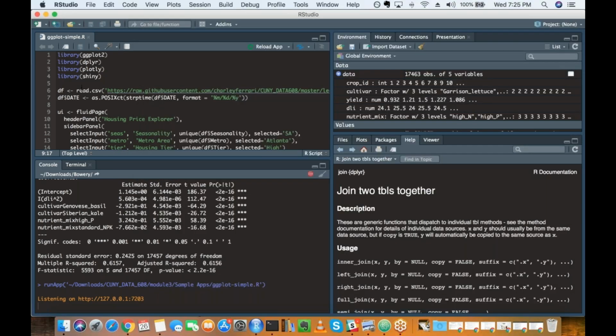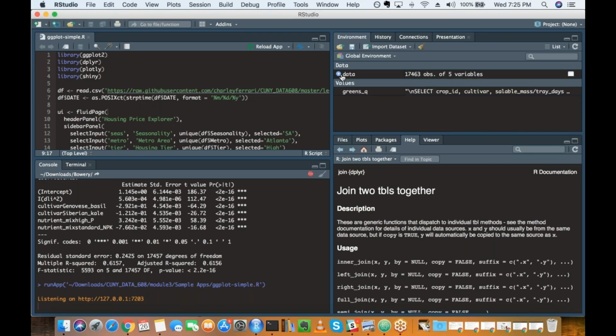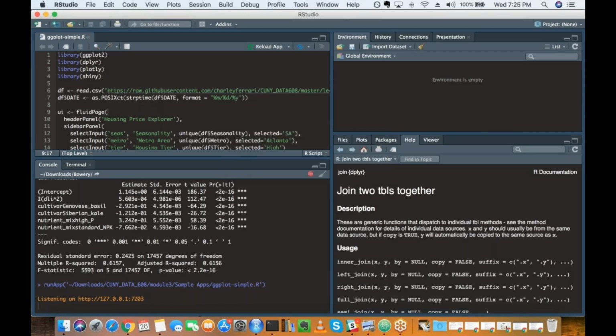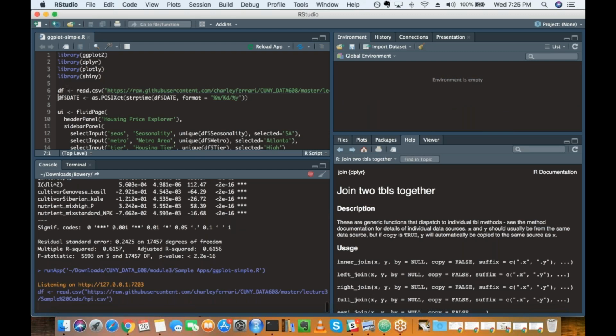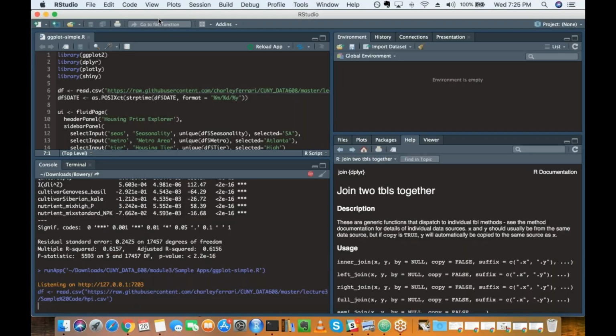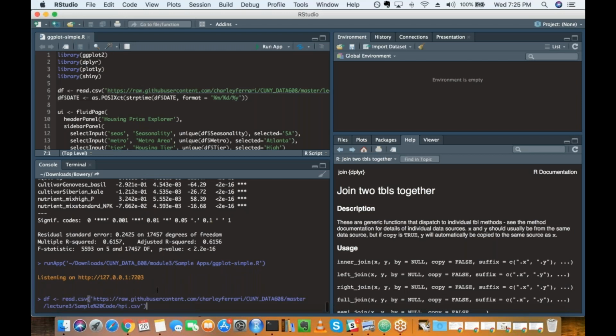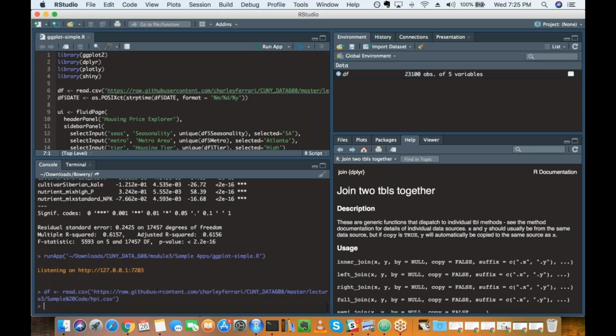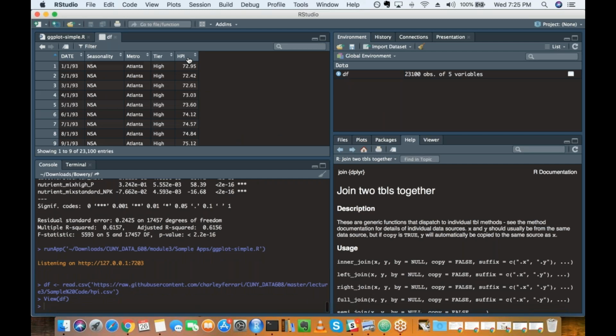This is a pretty straightforward app. Let me bring this in. Starting out, we'll look at the data. I need to close my app. So let's take a look at the data.